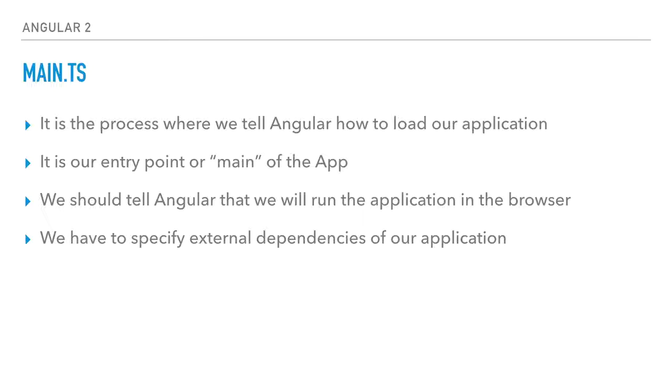This is super important because Angular 2 could run also on the server or in mobile. So for these examples, we will be running Angular in the browser. In the future, it depends on your project. And also we have to specify the array of external dependencies of our application, as it could be the HTTP library or the router library that we will talk about later on.